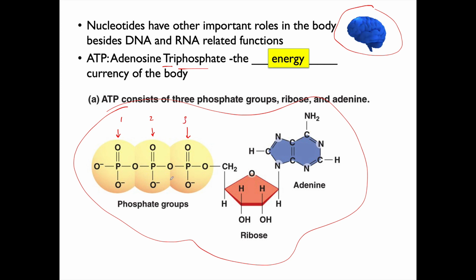There's your triphosphates. And if you use one of your phosphates, then you're down to 2. Your battery's going down. If you use 2 of them, then you're down to 1. And we call it adenosine diphosphate when there's 2, adenosine monophosphate when there's 1, and you're out of energy, okay? So think of your ATP molecule as kind of an energy currency that works just like the battery on your cell phone.